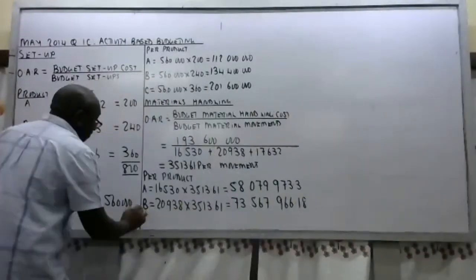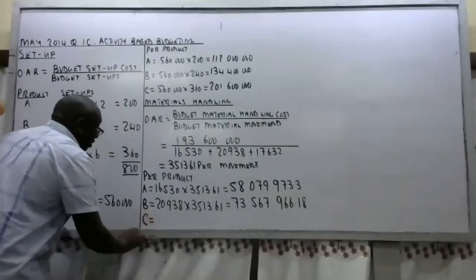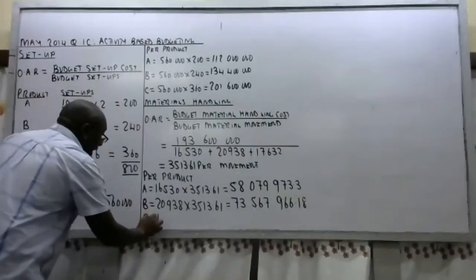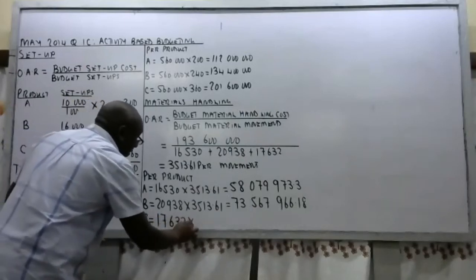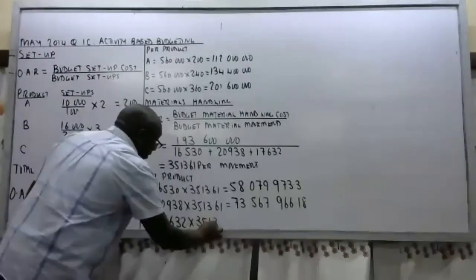Let's go to number 3, or C. C, you take now 17,632 times the OAL.